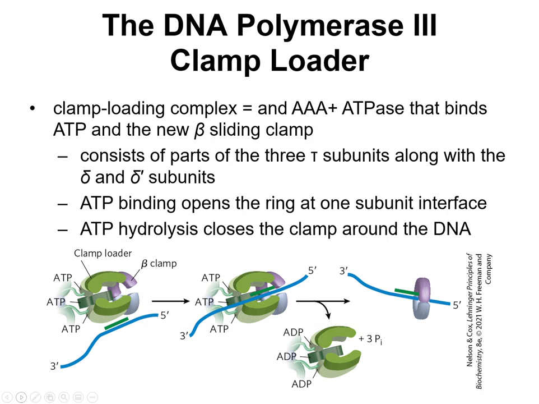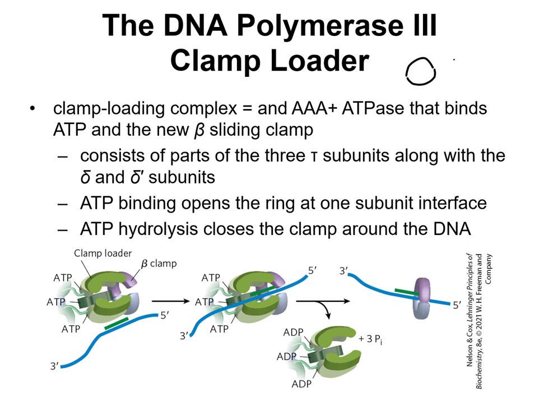So let's look a little bit more closely at the clamp loader. So the clamp loading complex is a AAA plus ATPase that binds ATP and the new beta sliding clamp. It's made up of several different subunits. You don't need to know what they are. ATP binding opens the ring at one subunit interface. So you've got this clamp that's like this.